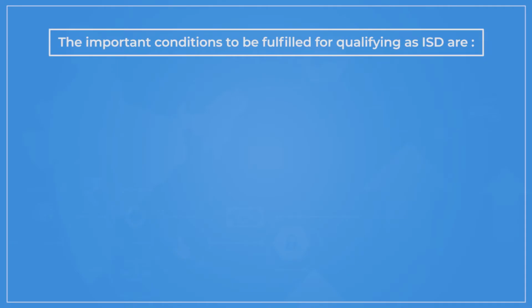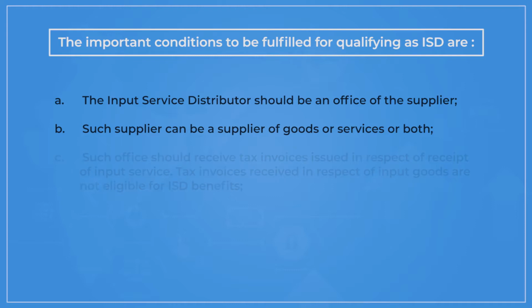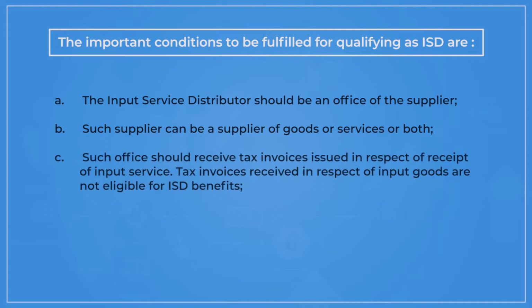The essential conditions for qualifying as input service distributor. The important conditions to be fulfilled for qualifying as ISD are: number 1, the input service distributor should be an office of the supplier. Number 2, such supplier can be a supplier of goods or services or both. Number 3, such office should receive tax invoices issued in respect of receipt of input service. Tax invoices received in respect of input goods are not eligible for ISD benefits.